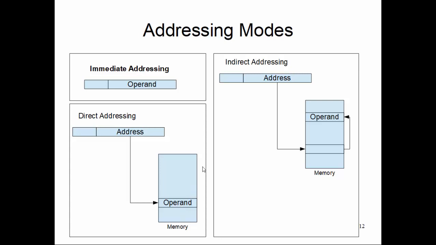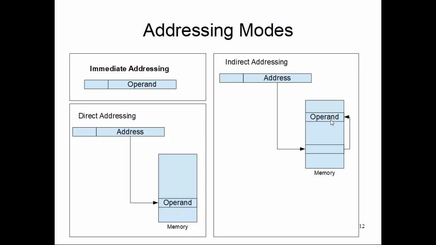Now indirect addressing is basically similar to direct addressing, but it has a two-step memory access process. Your machine code embeds one specific address. To access your operand, the processor first accesses the address embedded in the machine code, and then uses the value found there as another address to access another memory location to get the real operand value.